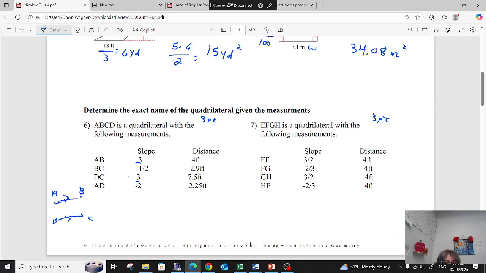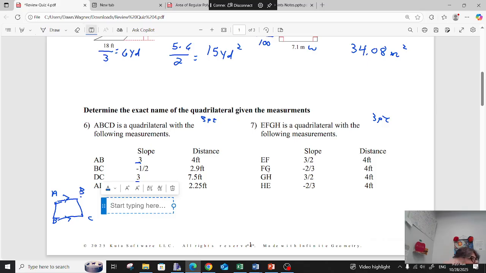No. Okay, what about BC and AD? Are they parallel? No. And are they congruent? No. So what shape is this? Trapezoid. And this is a trapezoid because it only has one pair of parallel sides.